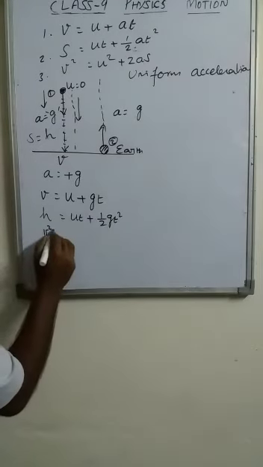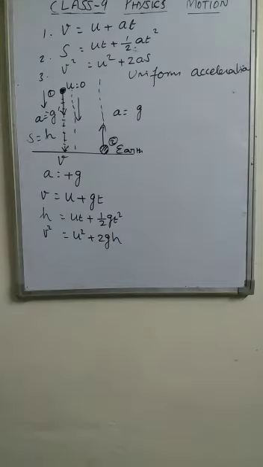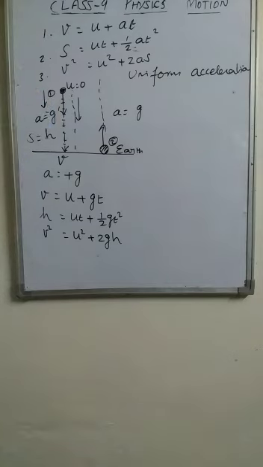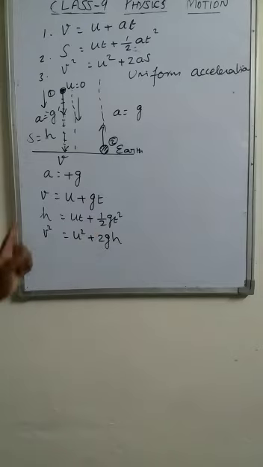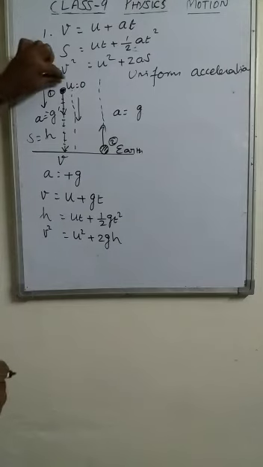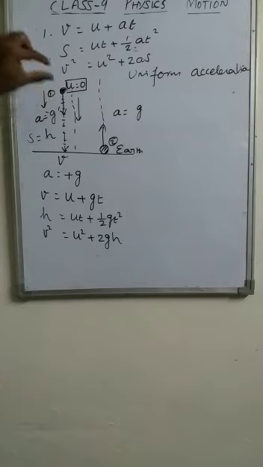Then v square is equal to u square plus 2gh. So these are the three equations of motion changed for an object dropped from a certain height. In place of a we write g, and in place of s we write h for the downward motion of an object. When the object is dropped from a certain height, u should be taken as 0, the initial velocity, because in the beginning it was at rest.